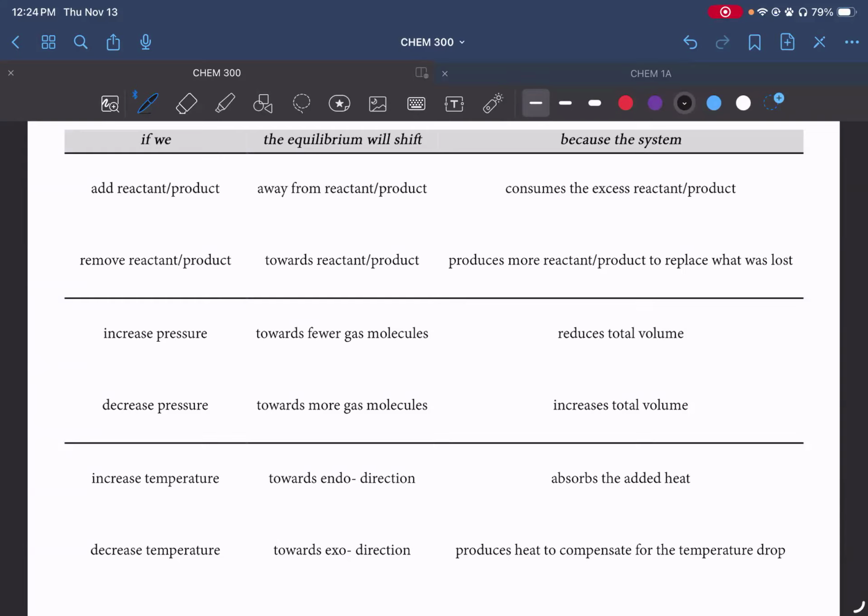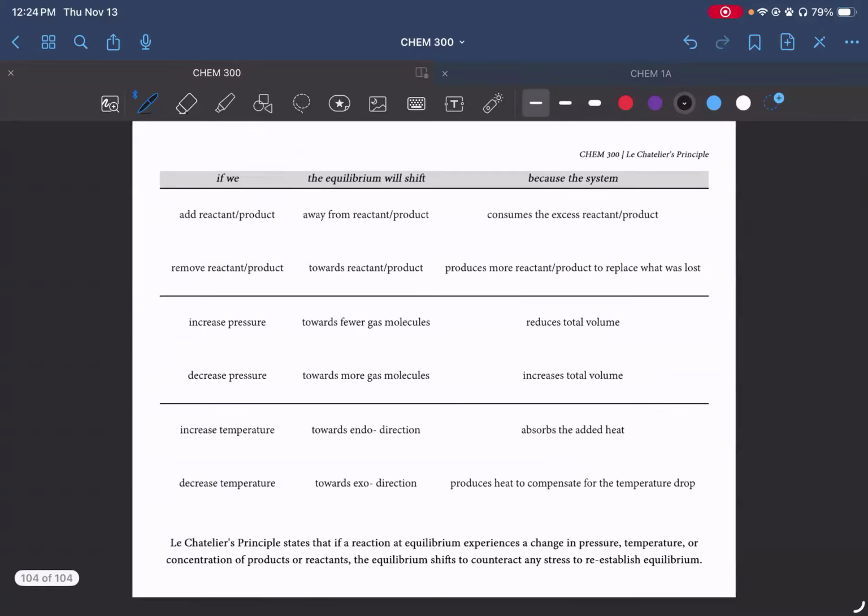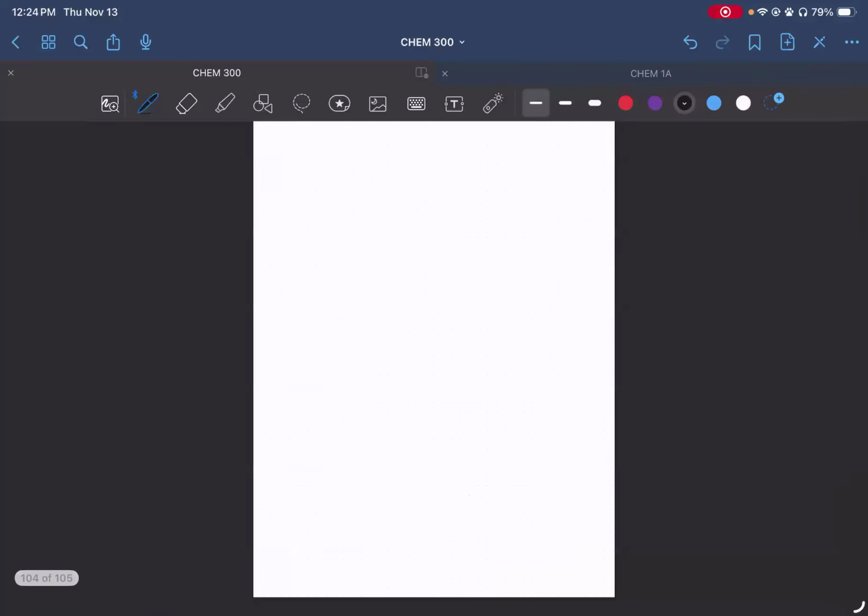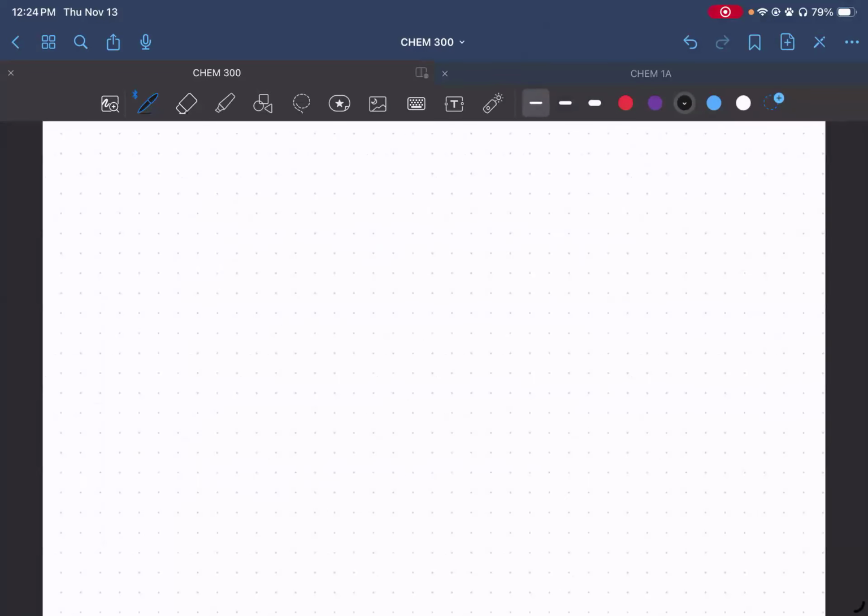Let's try to understand now the utility of Le Chatelier's principle. We're going to look at an application of Le Chatelier's that's used even to this day. We're specifically looking at what's known as the Haber-Bosch process.